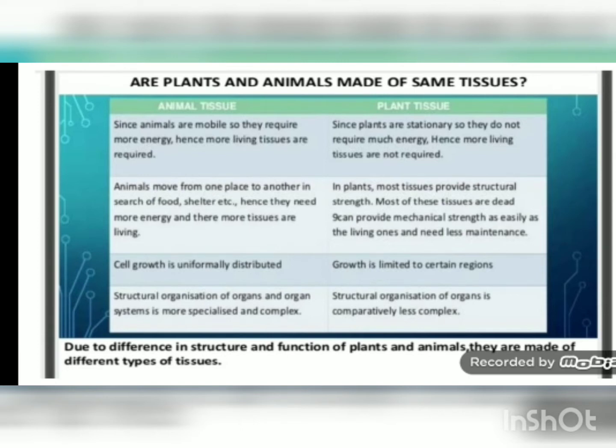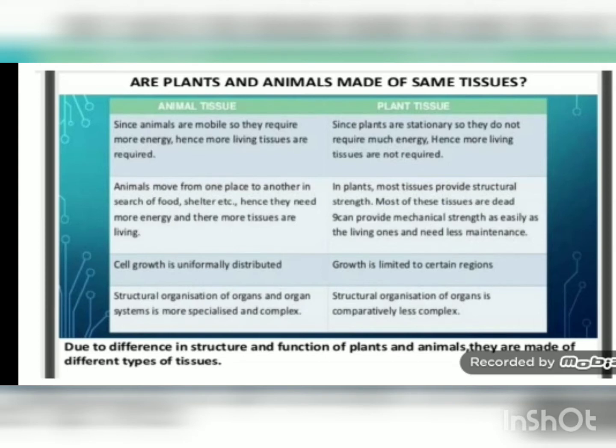First, in animal tissue, since animals are mobile, means moving, they require more energy, hence more living tissues are required. In the same way, plants are stationary, so they do not require much energy, hence more living tissues are not required. Animals move from one place to another in search of food, hence they need more energy and the tissues are living.